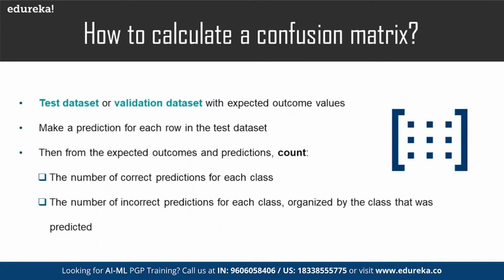Such outcomes we get either through the test data set or through the validation data set. When we have the validation data set, we use the cross-validation technique, and I have talked about k-fold cross-validation.